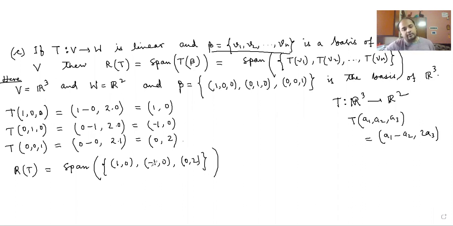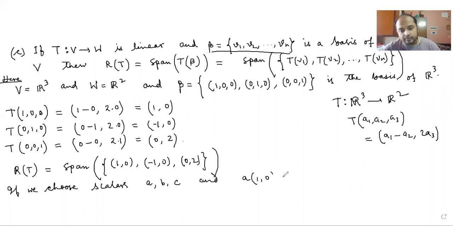Okay. Now this particular set is spanning R(T), but you see that if we choose scalars, say a, b, c, and we write a(1,0) + b(−1,0) + c(0,2), we represent (0,0) as a linear combination of these, we will find that not all a, b, c are 0.